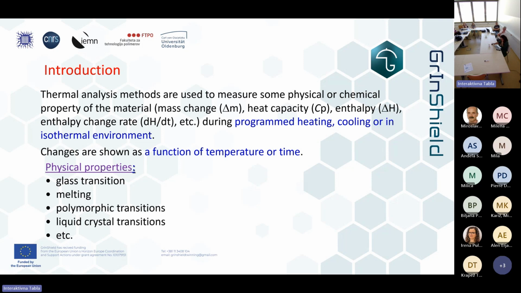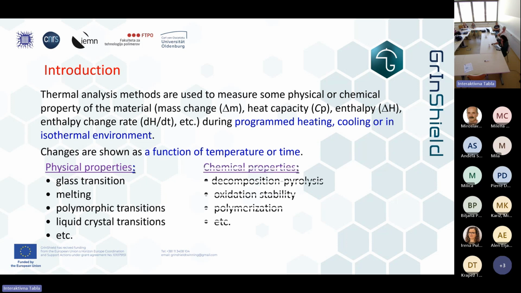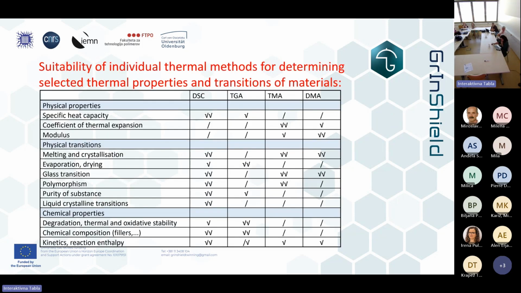We can also measure some liquid crystalline transitions. And chemical properties: we can determine decomposition or pyrolysis or oxidation stability. And we can also follow, for example, a polymerization reaction by using, for example, DSC.